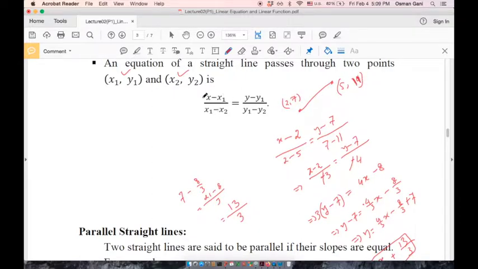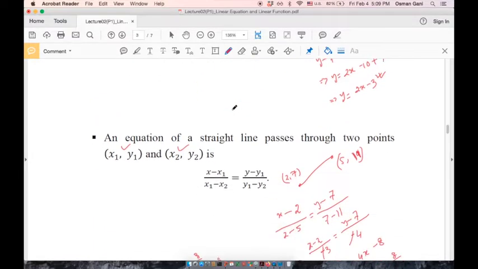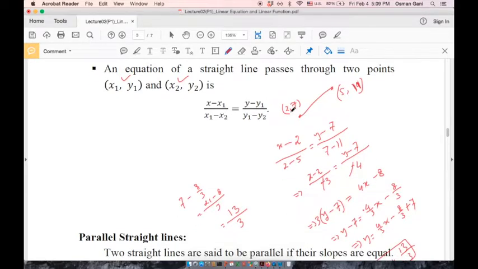However, if you think that formula 2 is complicated for you, then by using formula 1 you can also find the equation of this line, which passes through 2, 7 and 5, 11. And in that case, you first need to calculate m. So m will be y2 minus y1 divided by x2 minus x1, which is equal to 4 by 3. Now you know m, and you can consider 2, 7 as x1, y1.